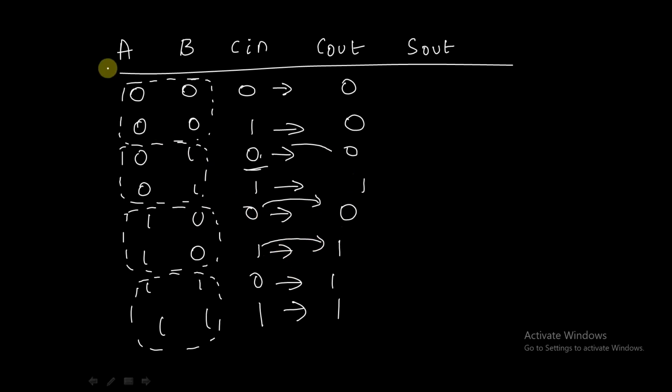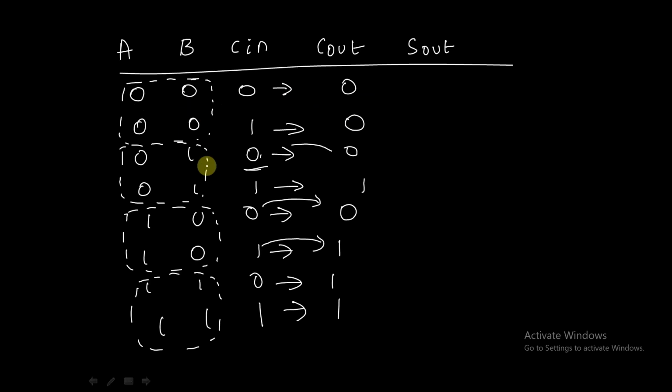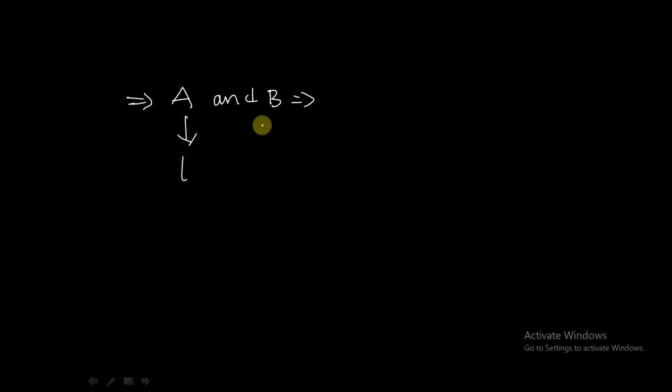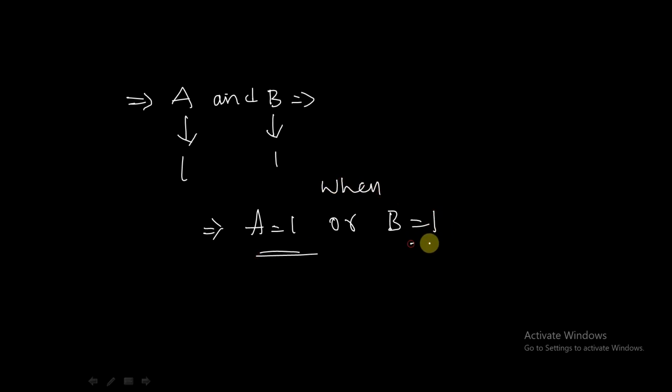Okay, so I'll write it here. Whenever my A is equal to 1 or B is equal to 1, my C in is equal to C out.